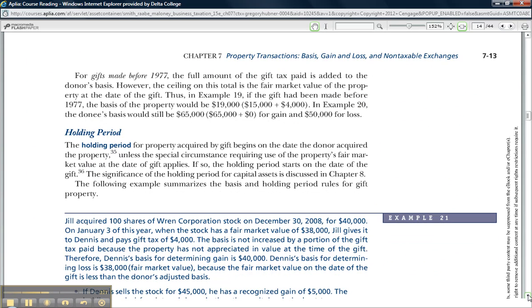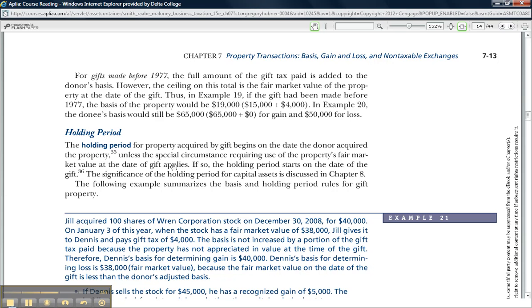Holding period for gifted items is a carryover holding period. All right, so it's treated as beginning on the date the donor acquired the property. It's basically carryover holding period, just like it's carryover basis. However, unless the special circumstance requiring the use of the property's fair market value at the date of the gift applies.